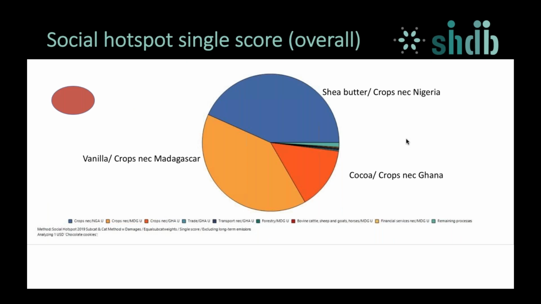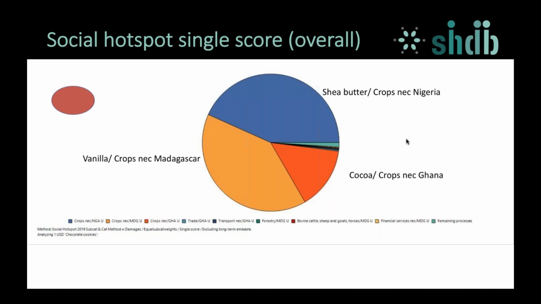Until now we have looked at the social footprints. That's the complete sum of the social impacts of the whole supply chain. If you now look at the hotspots, that's where exactly the activities are which contribute the most. That's what we call hotspots.